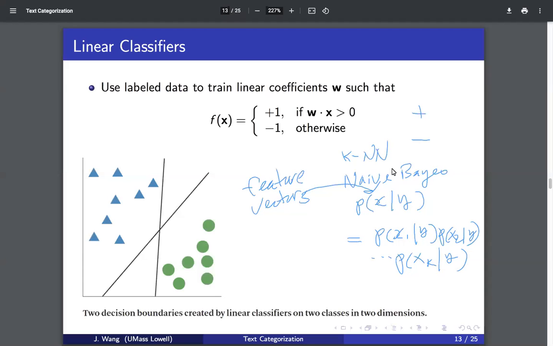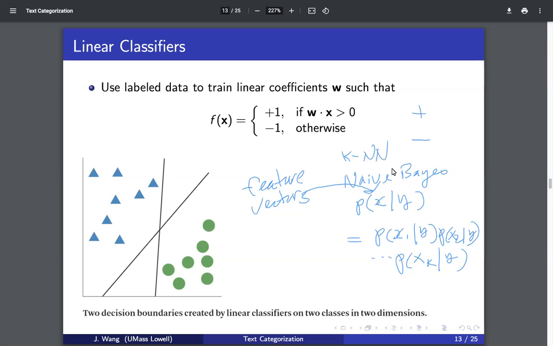You take a log, and then you have a summation of the logs. Then you just try to maximize it. Whichever label maximizes it, that Y will be your label. So that's based on the language model.